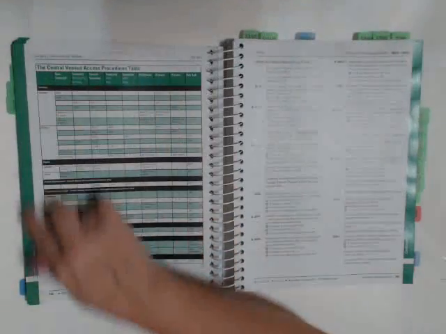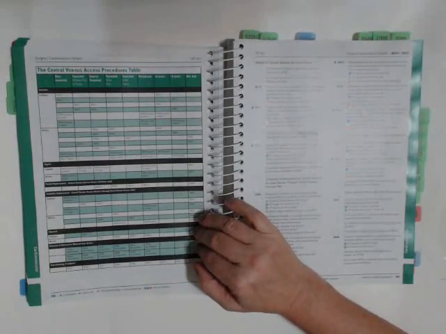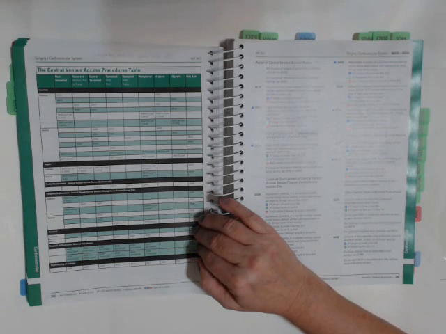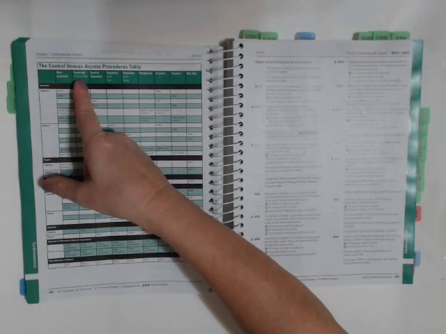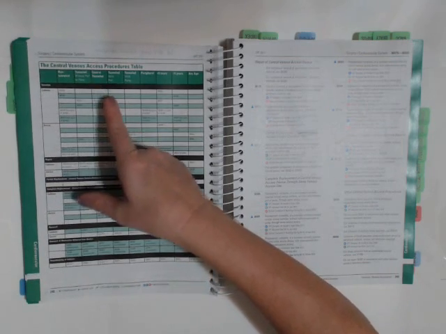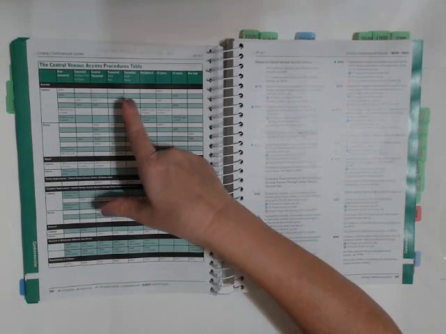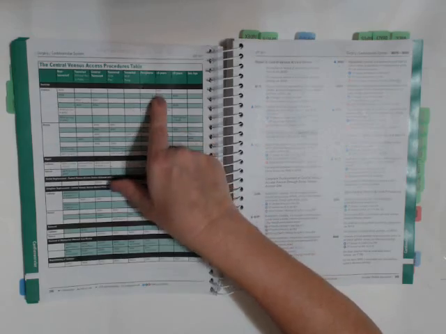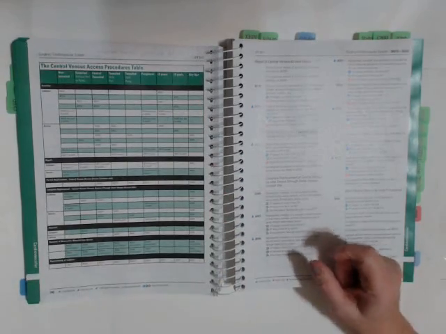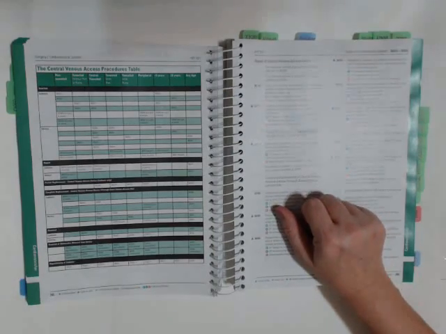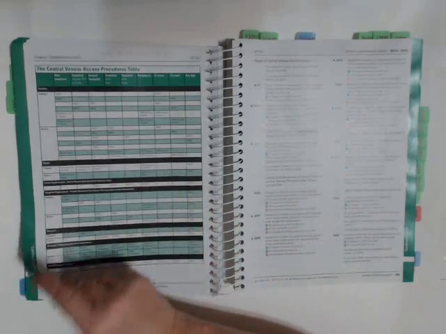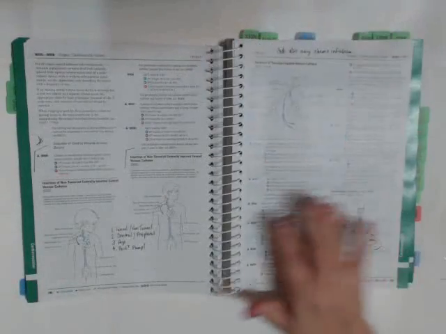Here is the table that sums up everything that I just said. Is it tunneled, non-tunneled, tunneled, centrally tunneled, tunneled, with port, with pump, peripheral, age, okay? So this sums up everything I just went over. Again, I learned the codes through actual codes.